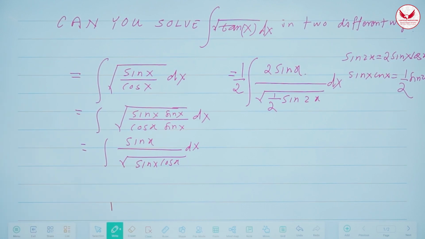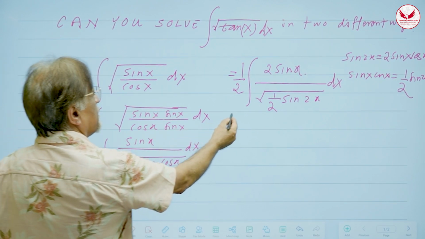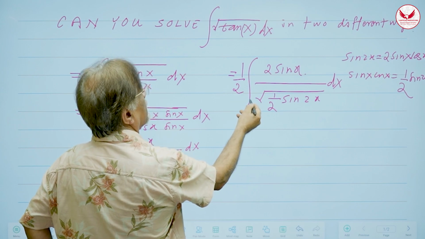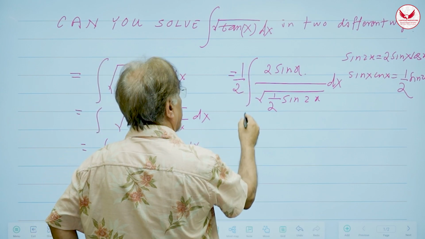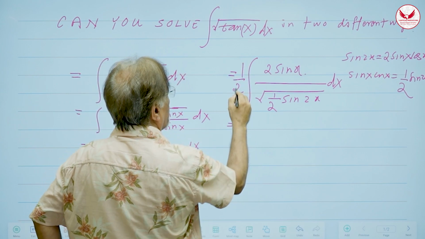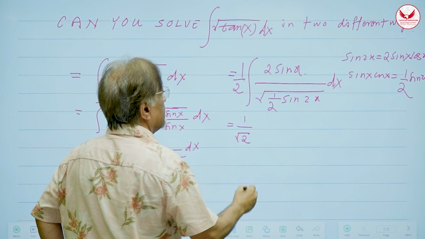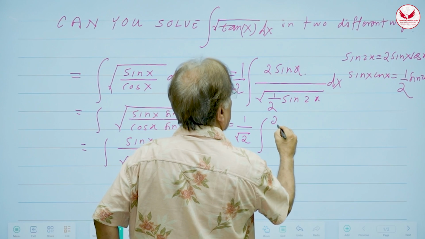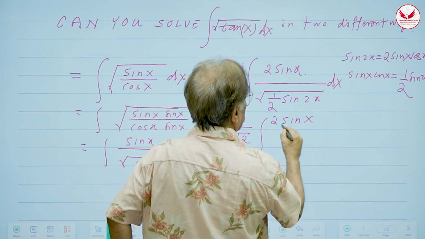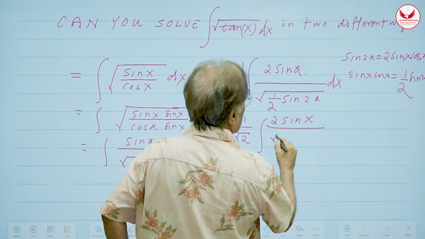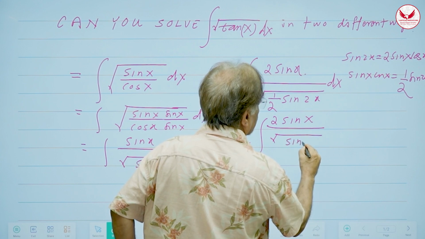Quite easy. You should understand. So now this half in the denominator will go in the numerator with the root sign. So it will be root 2 upon 2, but root 2 upon 2 will become 1 upon root 2, right? And this becomes 2 sin x divided by square root of sin of 2x.